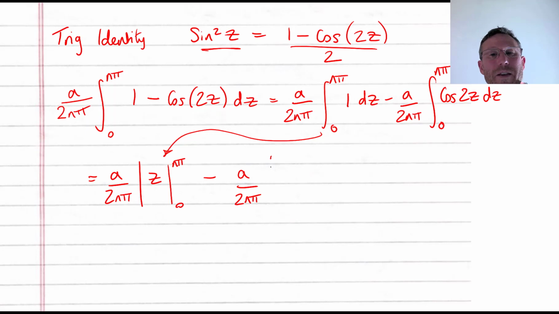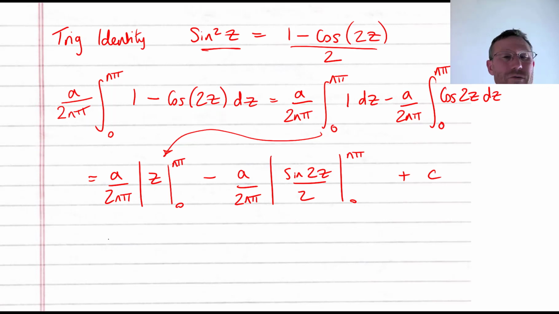The integral of cosine 2z is going to be sine 2z over 2, with limits n pi and 0, plus some constant. This comes out to be nz becoming n pi minus 0.